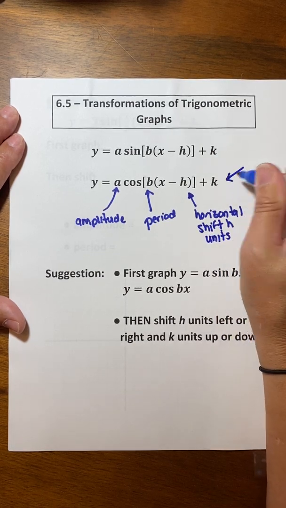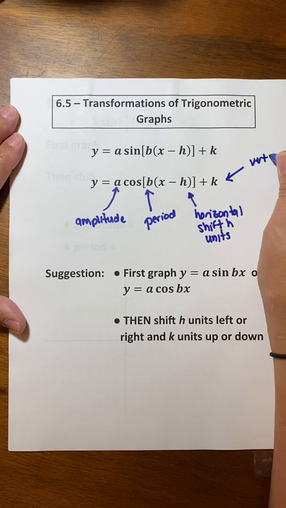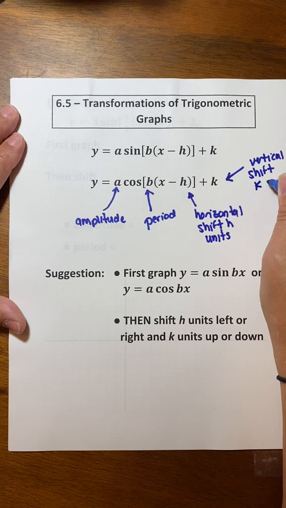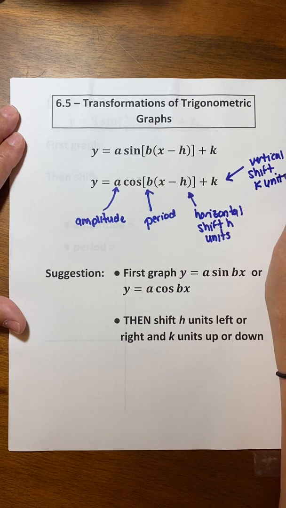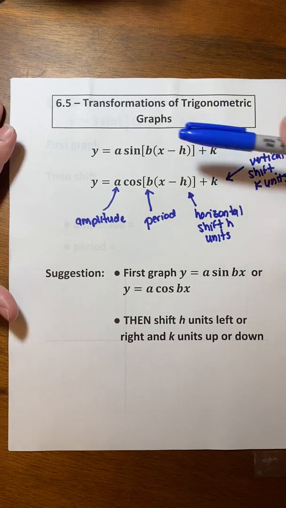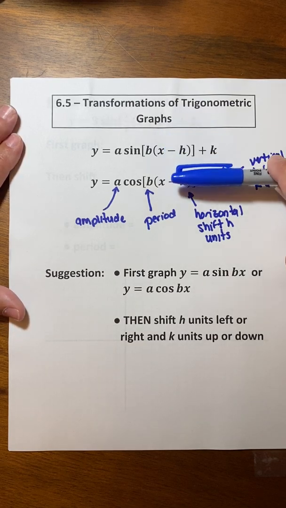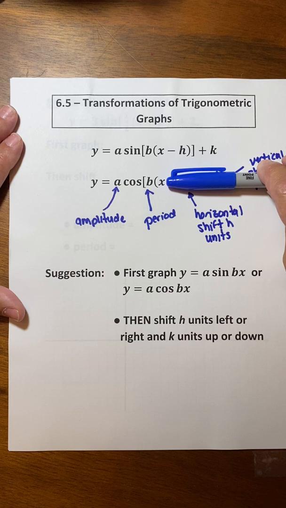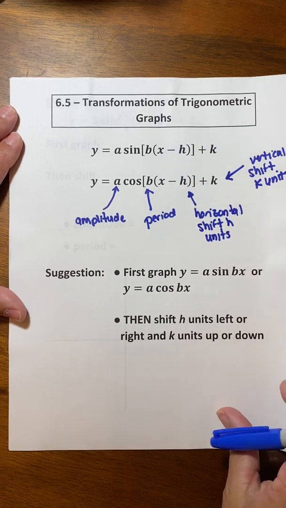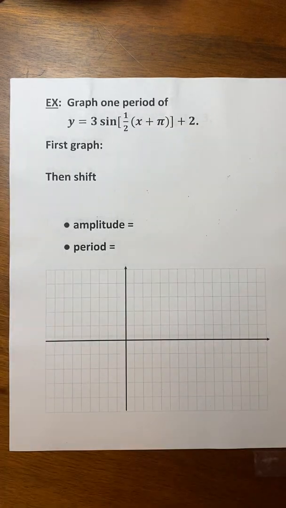And k is going to be my vertical shift, k units. Right, so my suggestion is first to graph the trig functions lightly without the shifts, then do the shift, okay? Not too bad, right? So let's look at an example.